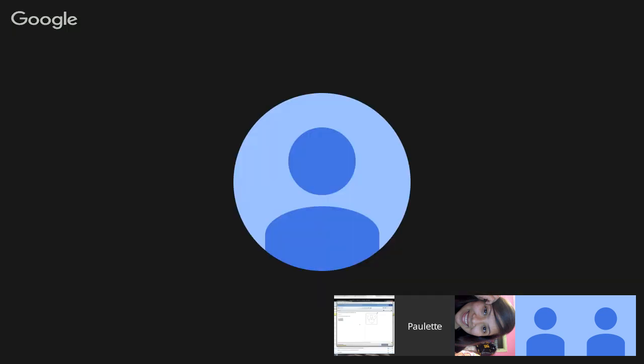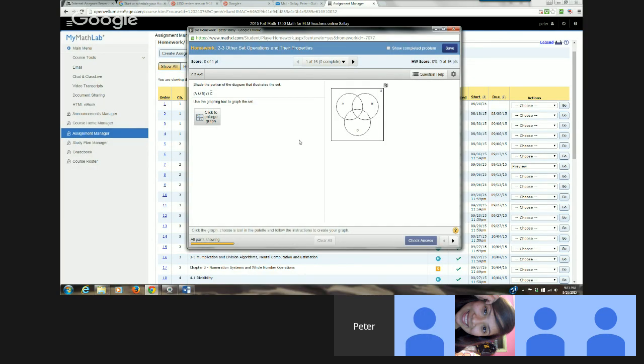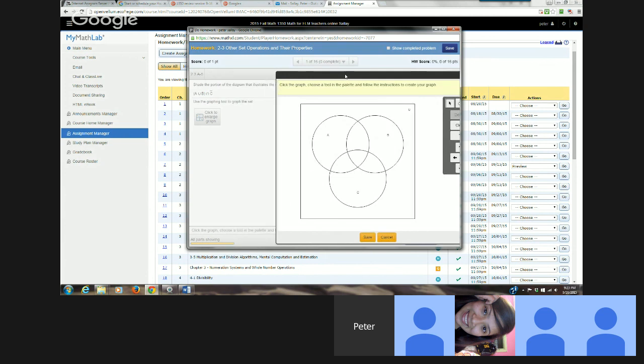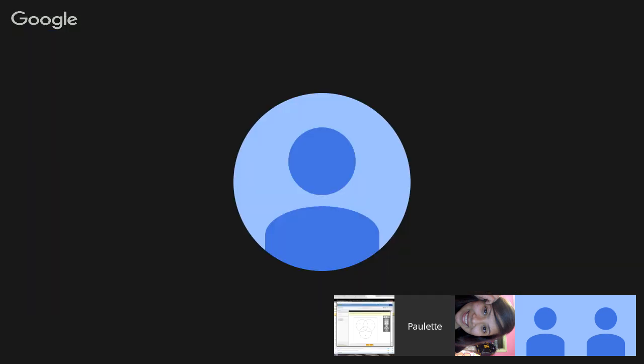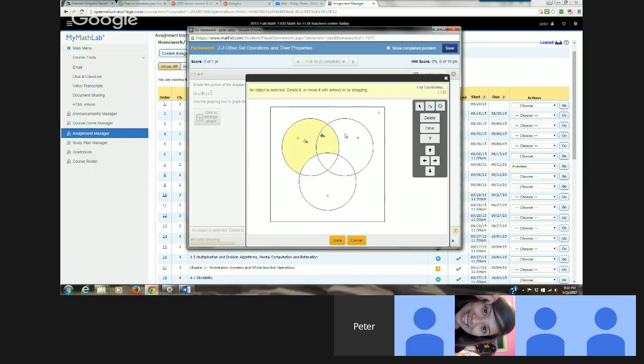Yes, that one. This one? Okay. All right, so let's make this a little bigger. We want to do these pieces, and then we'll come back. So this is A or B. If I'm going to shade A or B, I'm going to do this one at a time.